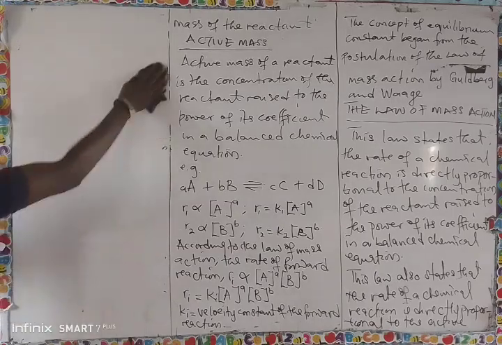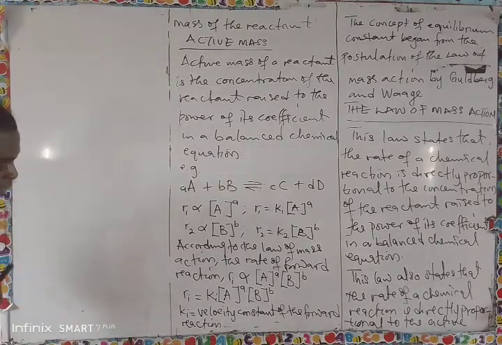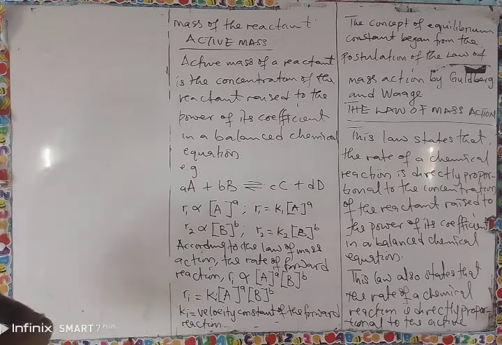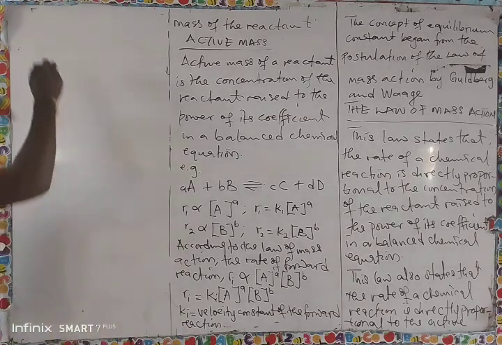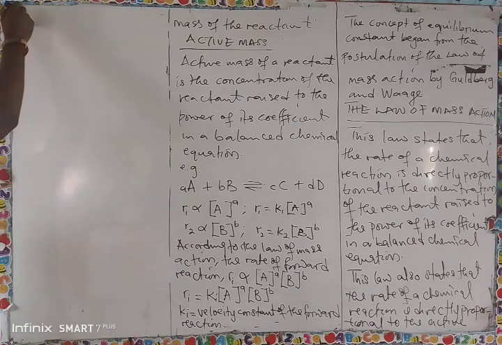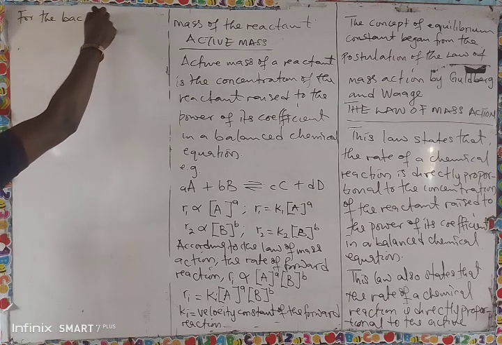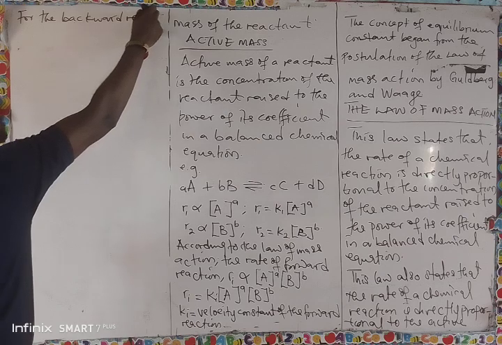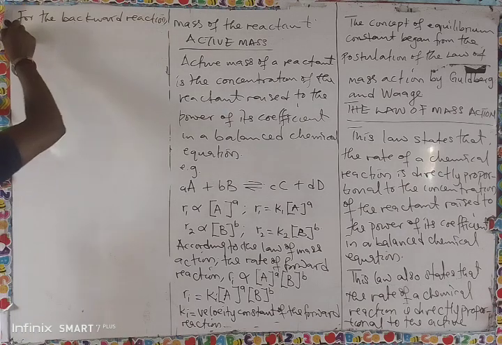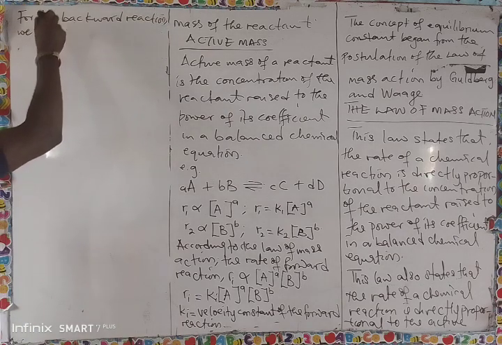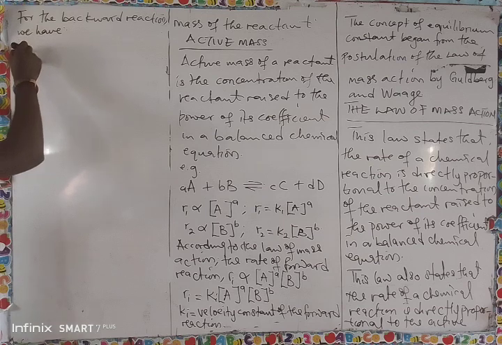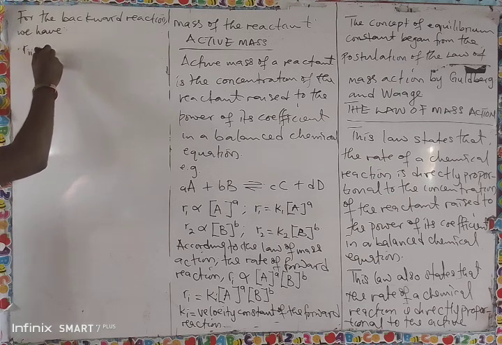So the next thing to look at, this is for the forward reaction. What about the backward reaction? For the backward reaction, R Roman figure 2 is proportional to what?